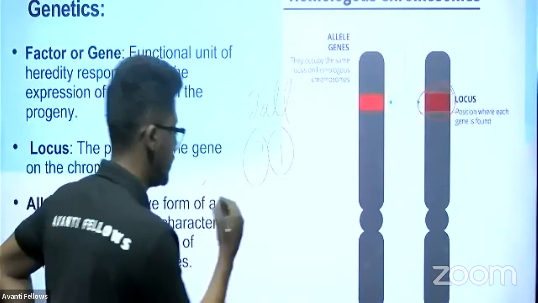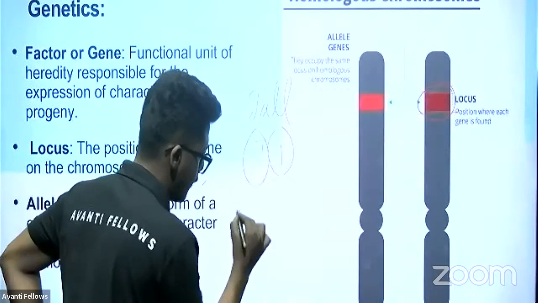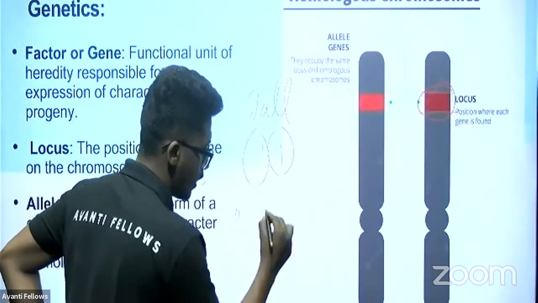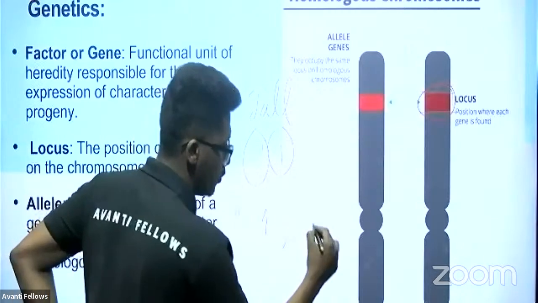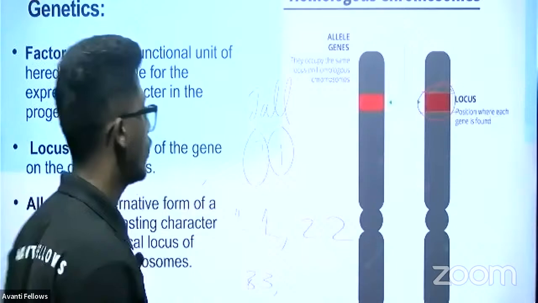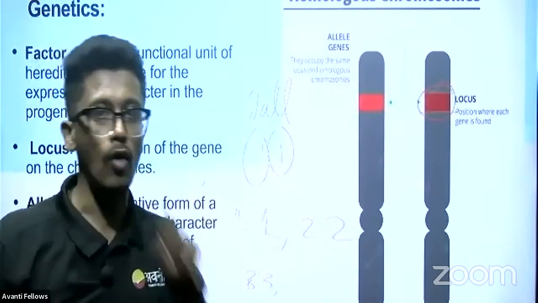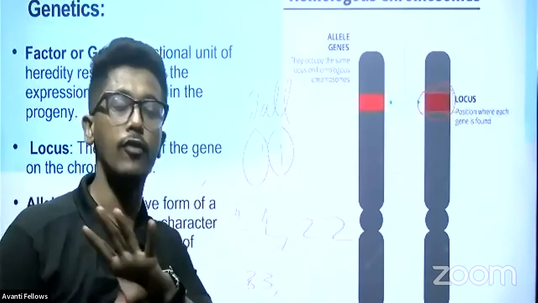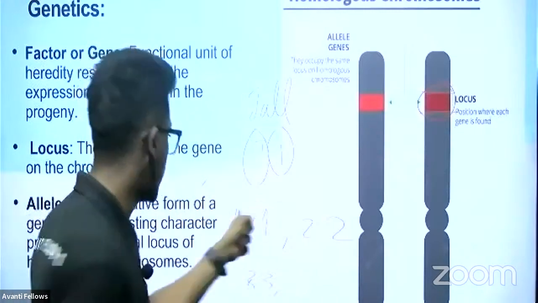For example, let's say I have chromosome 1 and another chromosome 1, then chromosome 2, chromosome 2, chromosome 3, likewise. Now, let's say the height gene of a plant is located on chromosome 1.